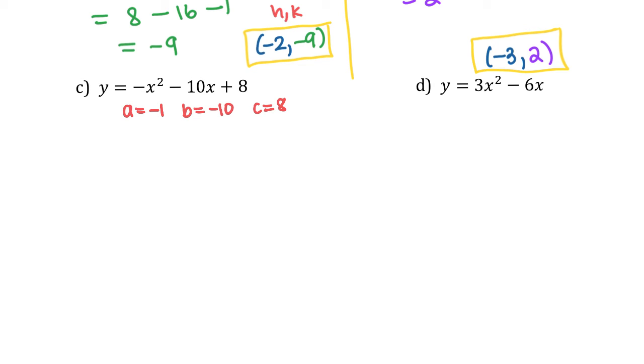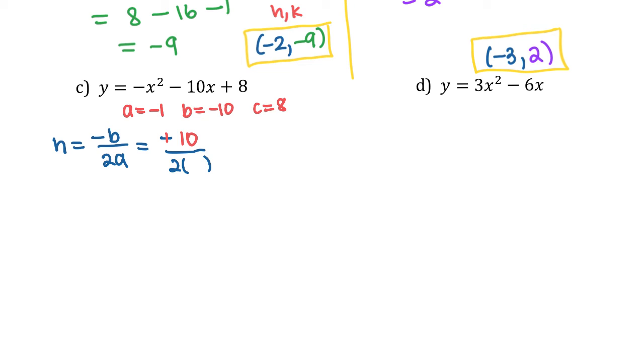I'm going to rewrite the formula. You don't have to write the formula every time, but you do need to plug it into the formula every time. -b over 2a. So -b over 2 times a. Okay, what is b? b is -10. If I do -(-10), it turns this to a +10.